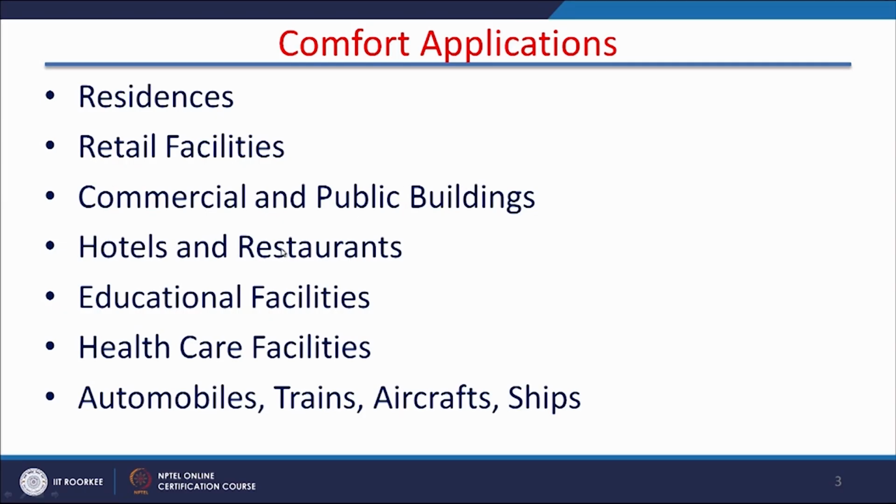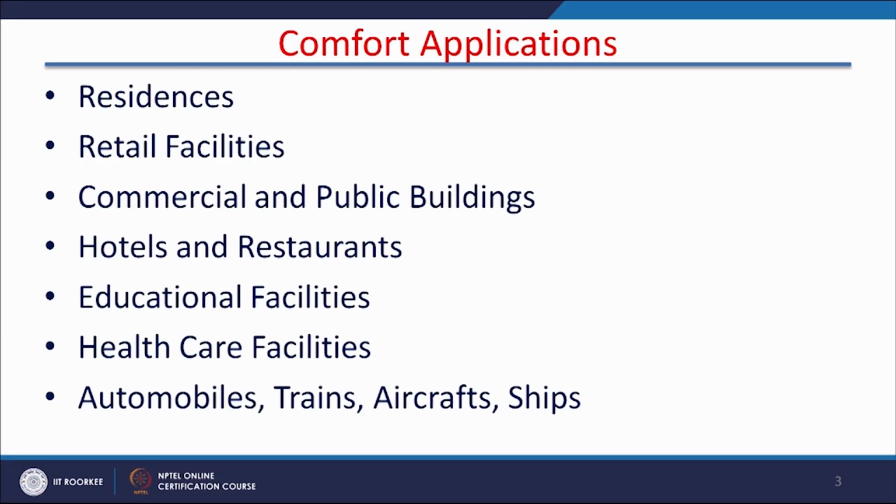Hotels and restaurants: now most of the restaurants are air conditioned, and rooms in the hotels are also air conditioned. Educational facilities: part of the schools and colleges are also put under controlled environment. Healthcare facilities: nowadays hospitals are also air conditioned, so it has wide application.